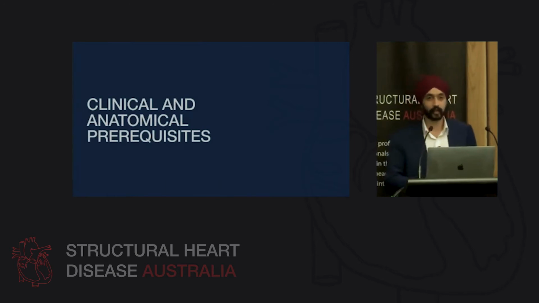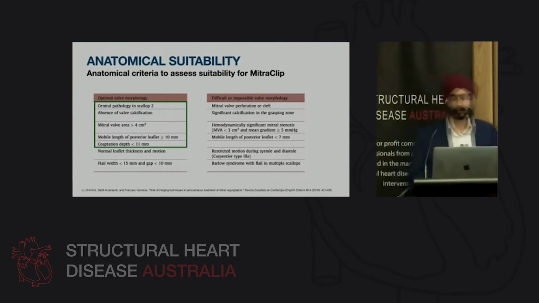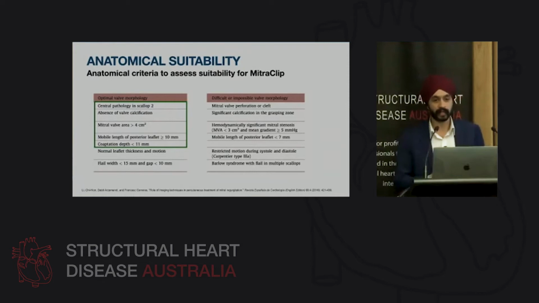What about the anatomical prerequisites, or the anatomical suitability? In the early days of transcatheter edge-to-edge repair with the mitral clip, there was this idea of optimal valve morphology. So which are the valves that you really want to pick, which will be suitable? The idea was central pathology, so A2, P2 would be ideal. Absence of valve calcification, especially in the grasping zone, where you're going to be grabbing the leaflets and bringing them together.